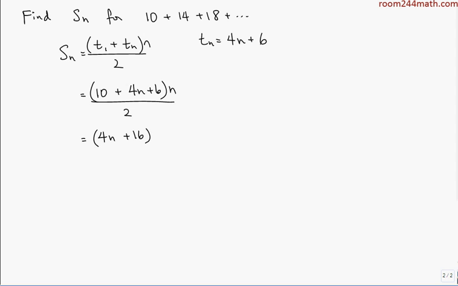We can simplify this. 4n, 10 plus 6 is 16. We'll divide that by 2 to get 2n plus 8. And then we'll expand this to get 2n squared plus 8n. And when you find these, they're almost always quadratic expressions, meaning they have an n squared in them.